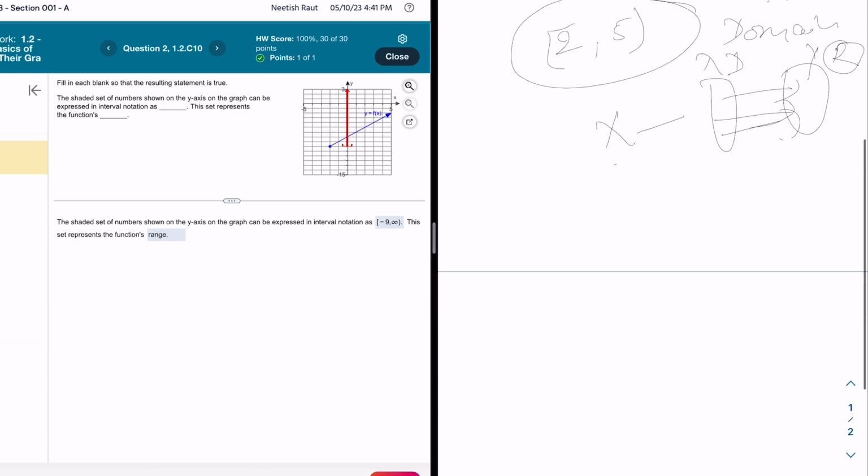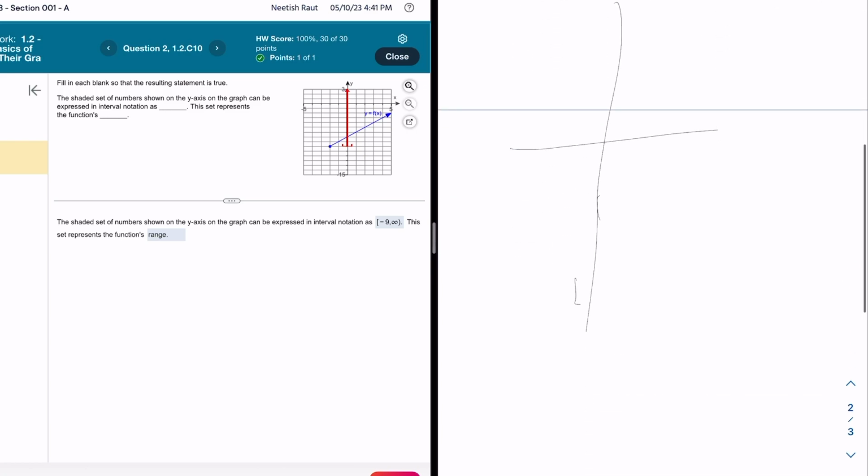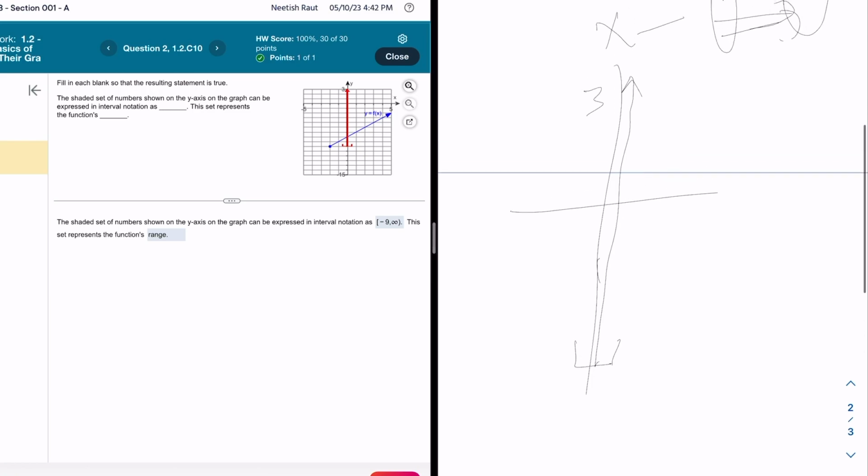So our y-axis goes from something up to 3. Oh no, it's not up to 3. The 3 is just a point that is given, but its arrow is still going up. So this is infinity, and with infinity you cannot use a big bracket, only a small bracket.